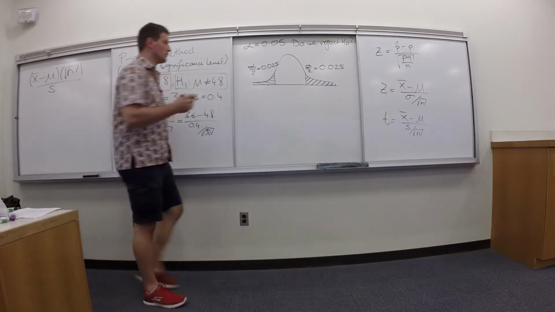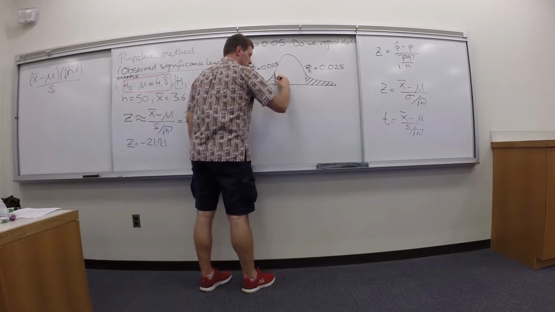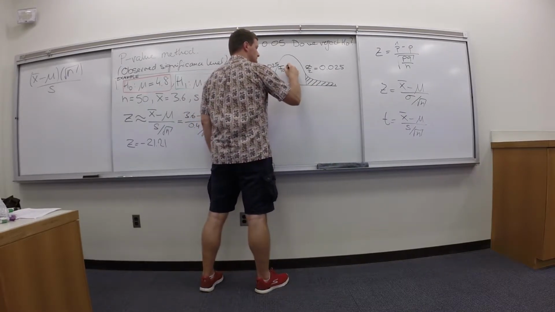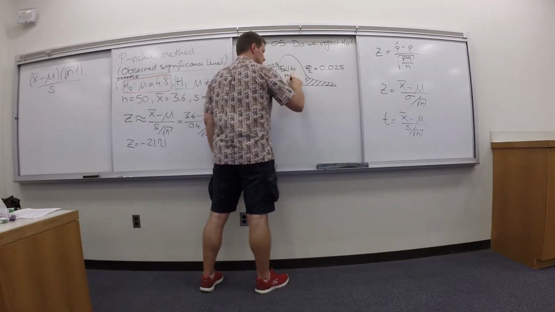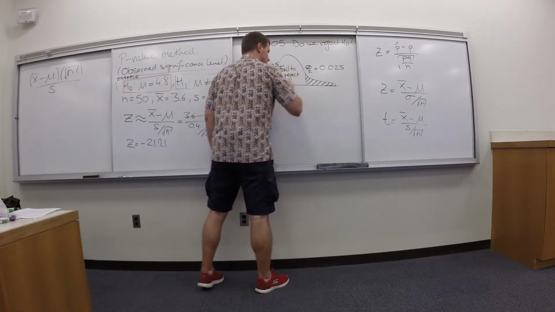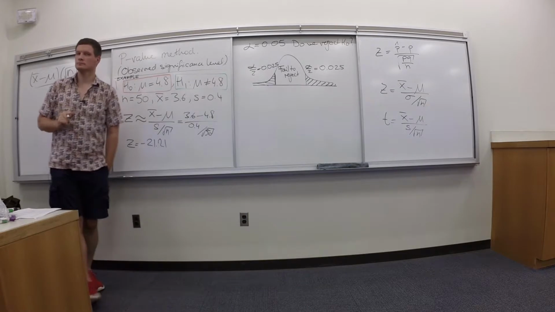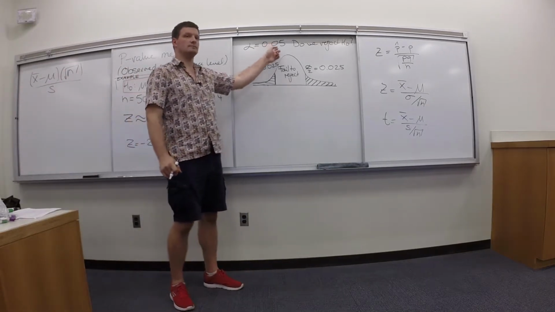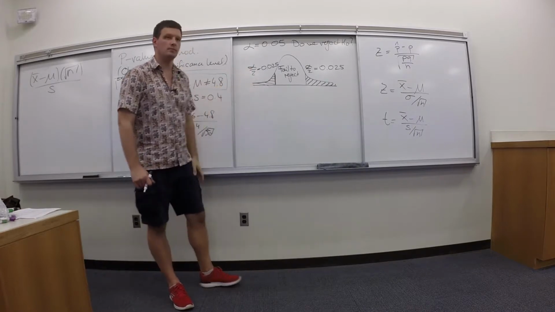The critical value separates the reject region from the fail to reject region. This is the fail to reject region. How do you get 0.025? Half, alpha over 2.